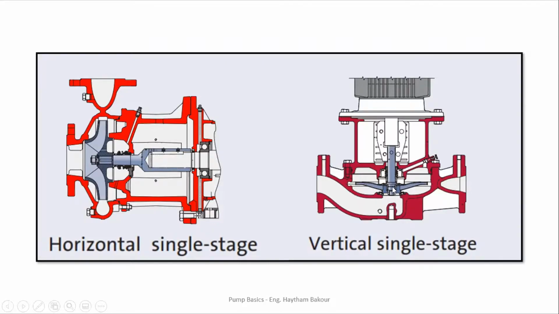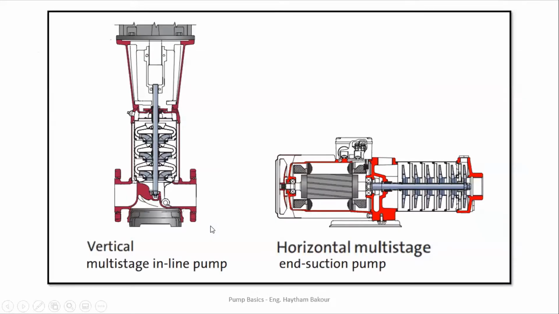Where there is one impeller in the pump, it is called single stage. So the pump on the right is called vertical single stage, while the one on the left is horizontal single stage.